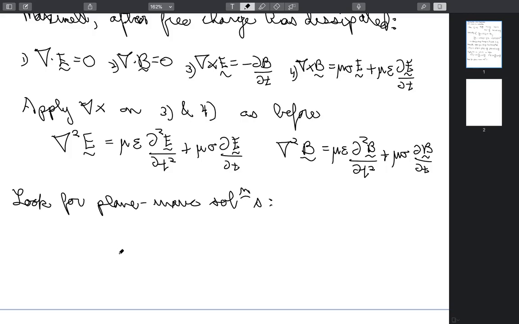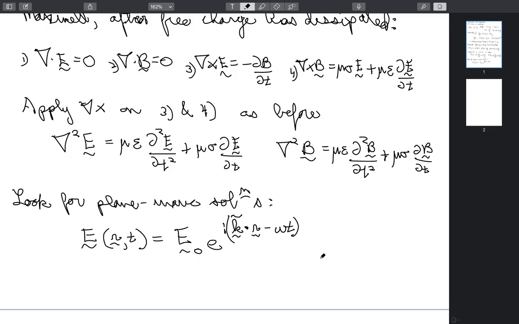So what we're going to do, for example, for the electric field, is say that the electric field as a function of space and time is going to be some vector E0, and then again some wave vector k, that I'll give a twiddle to, dotted into R, minus omega t. I'm looking for monochromatic plane waves once again.